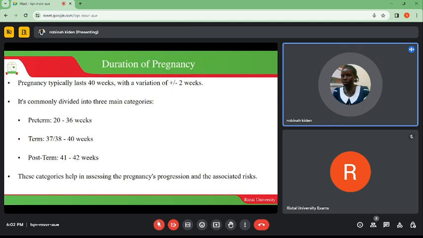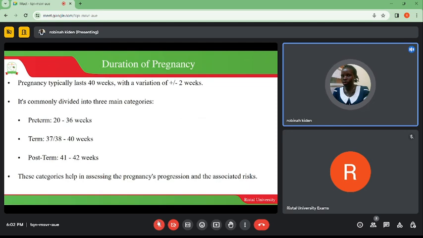A normal pregnancy should last up to 40 weeks with a variation of plus or minus 2 weeks. So the fetus can be delivered 2 weeks before or 2 weeks after, and it is still considered normal. It is commonly divided into three main categories.